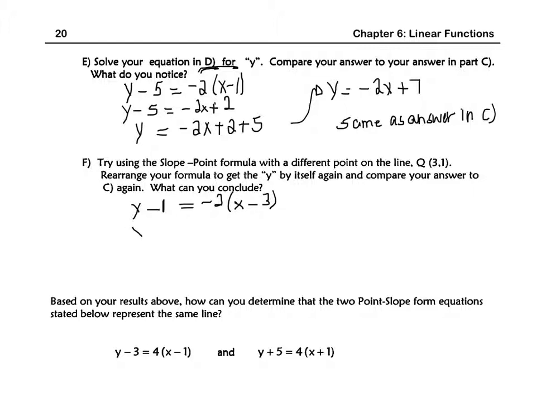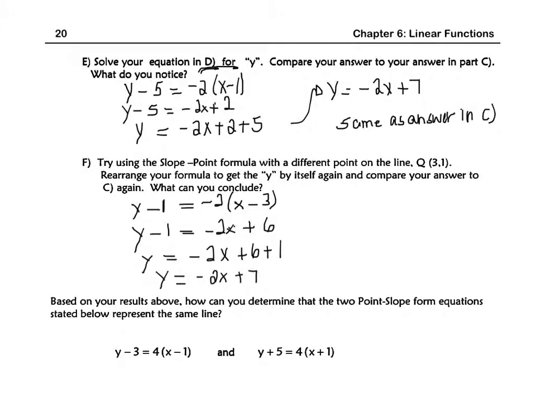And then if we rewrite that, this becomes negative 2x plus 6, and then this becomes negative 2x plus 6 plus 1, which again is the exact same equation in slope-intercept form. So all those forms of the equation represent the same line. They're equivalent forms of the equation.